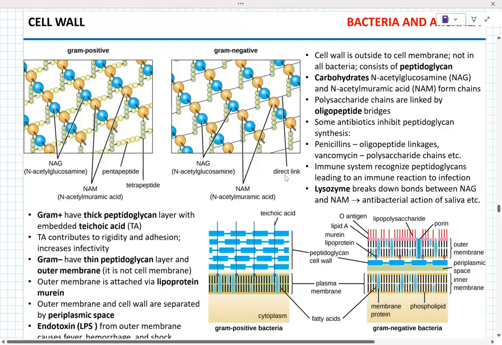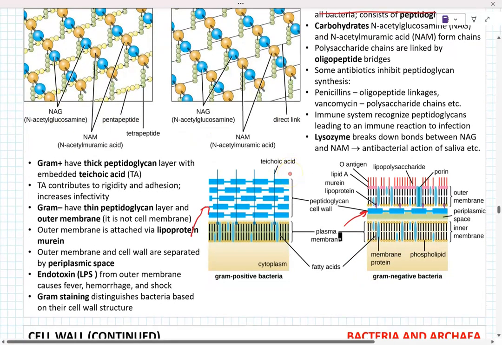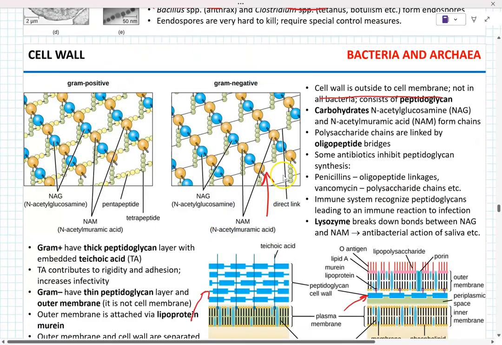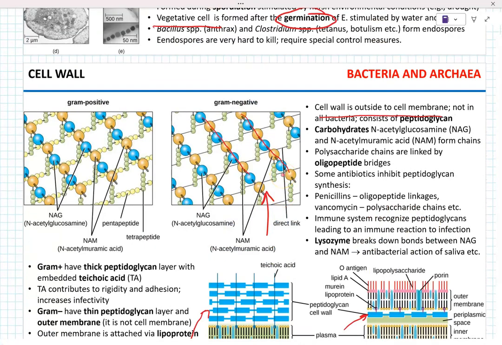Most bacteria have cell walls. So cell wall is located outside of the membrane, as you can see here and here, and it consists of long carbohydrate chains, so-called glycan chains. So glycan chains are represented here.